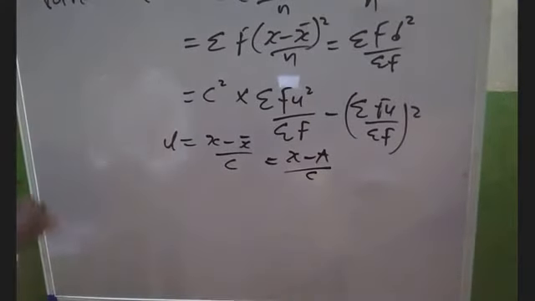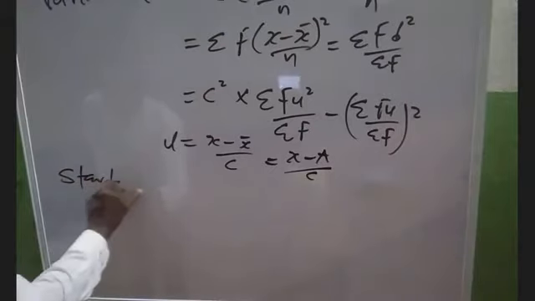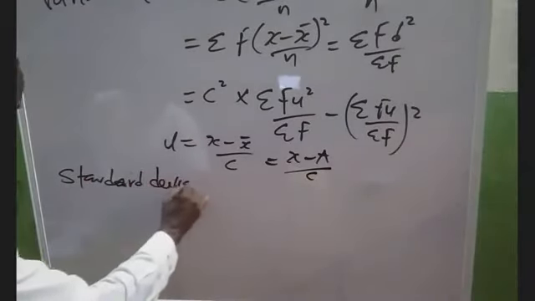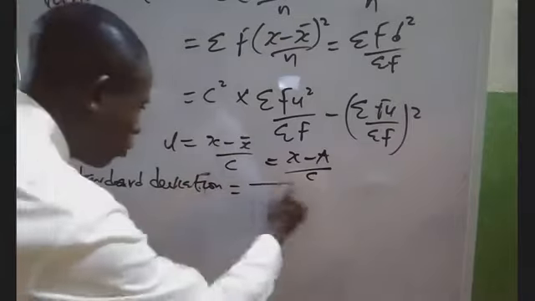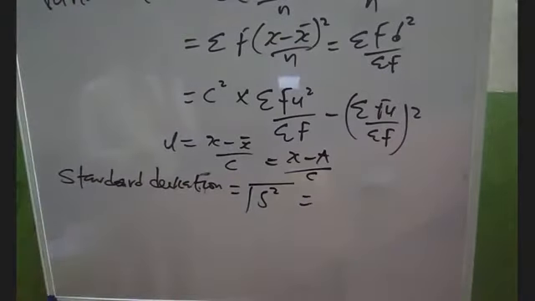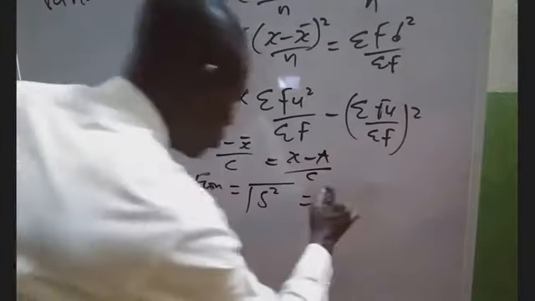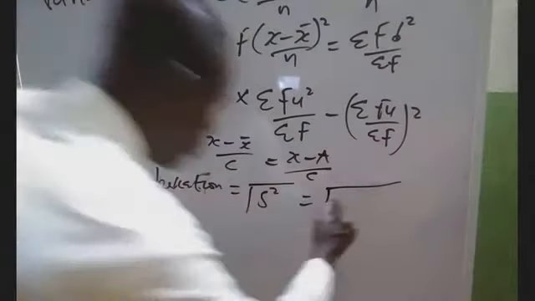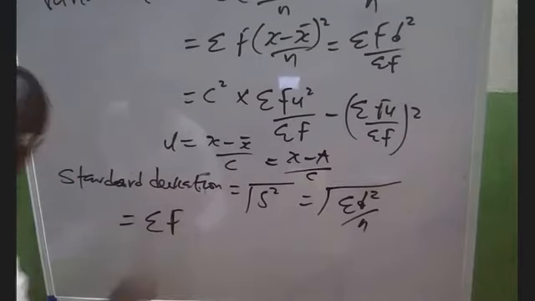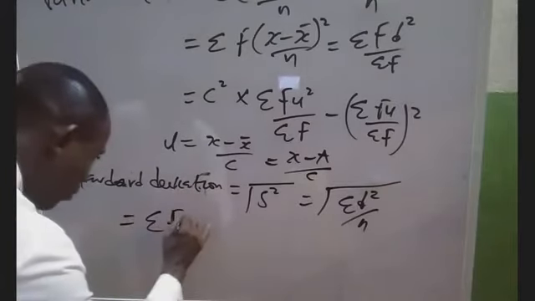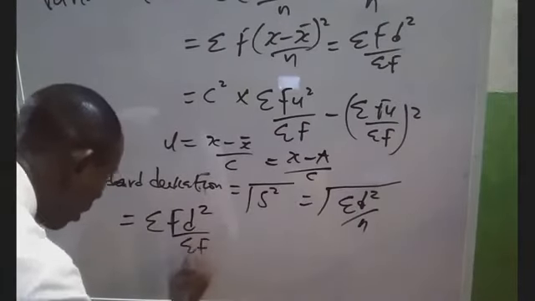So standard deviation is the square root of sigma d squared over n, and it's also given as the square root of sigma f d squared over sigma f.